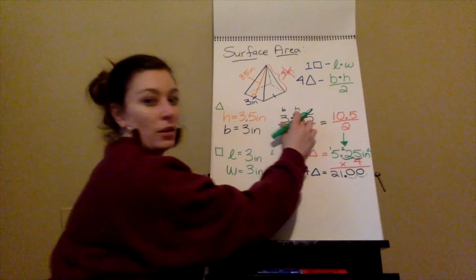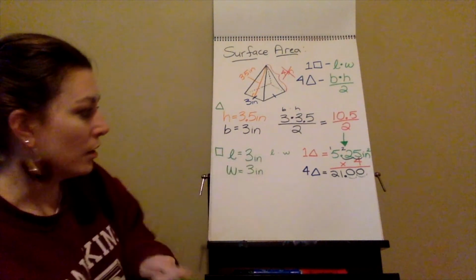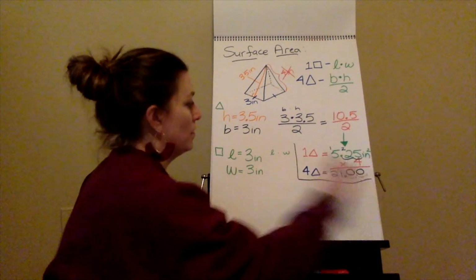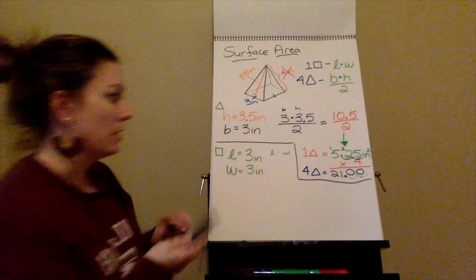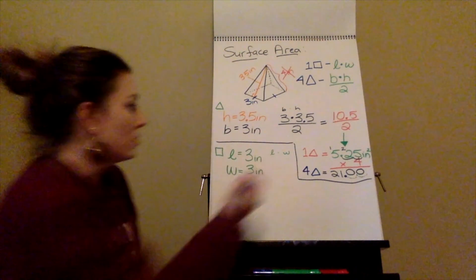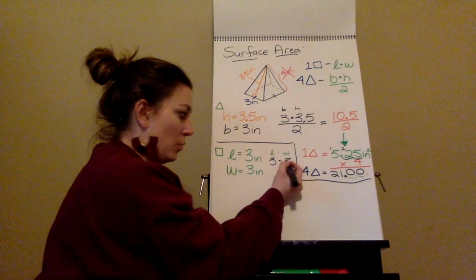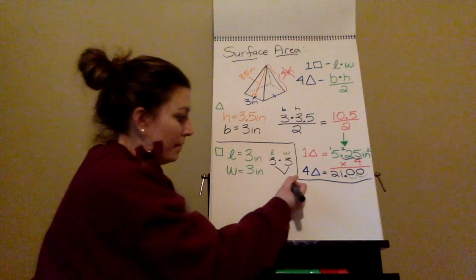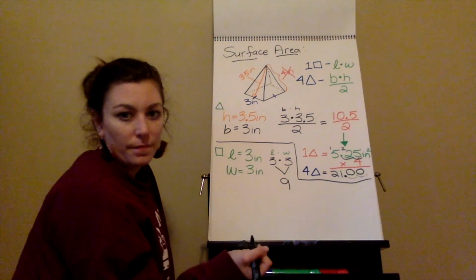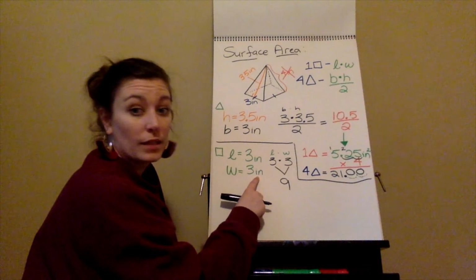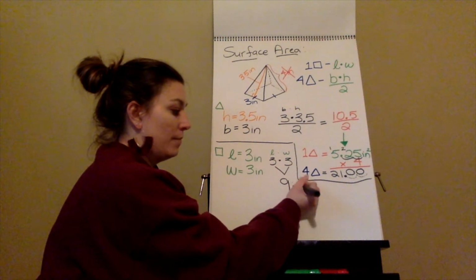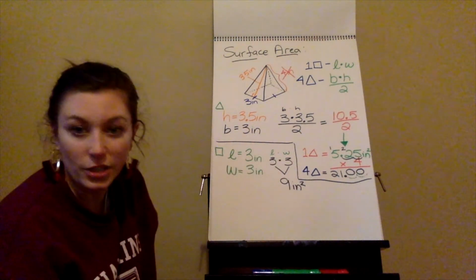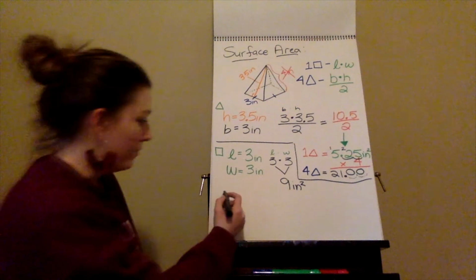Just like I wrote it up here, I'm going to write it really tiny right here, so we can see all of our pieces there a little bit easier. So the length is 3. The width is 3. What's 3 times 3? 9. What are our units here? Inches. If it's area, it's inches squared. Good job.